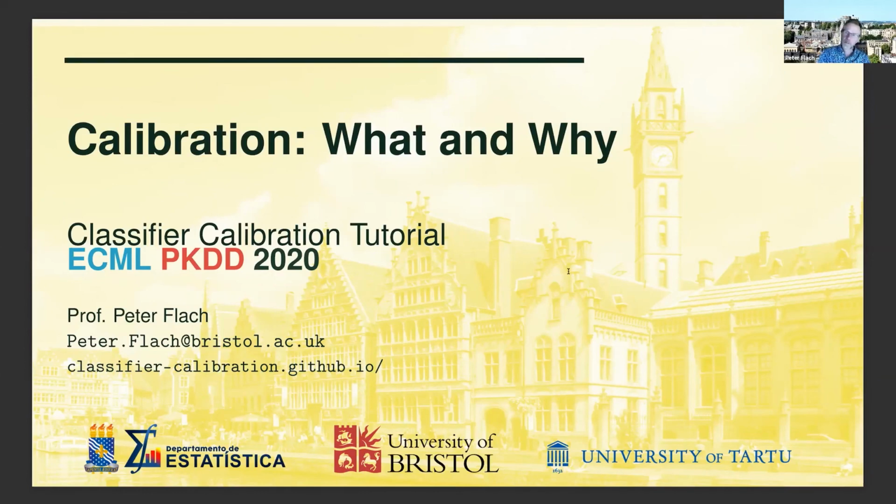So the relationship between calibration and uncertainty is that calibration only talks about the uncertainty in the prediction, okay? So for example, if I toss a fair coin, I will be maximally uncertain about whether the coin comes up heads or tails, but I will be very certain that the 50% probability of it coming up heads is the right probability.